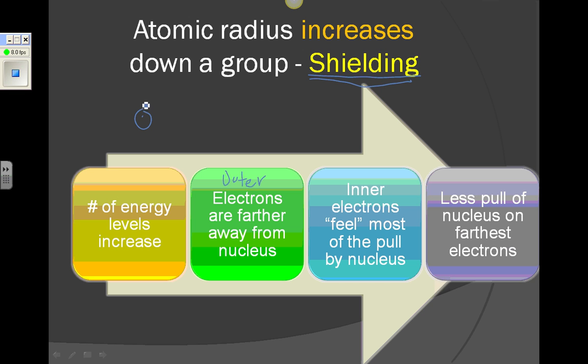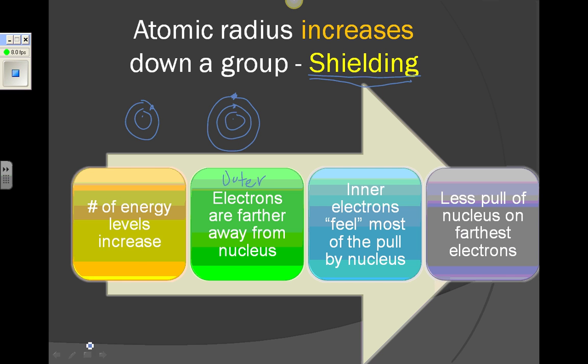So let's compare these 2 atoms here, one with 2 energy levels and one with 3. These electrons on the 3rd energy level are farther away from the nucleus than the ones from the 2nd energy level.